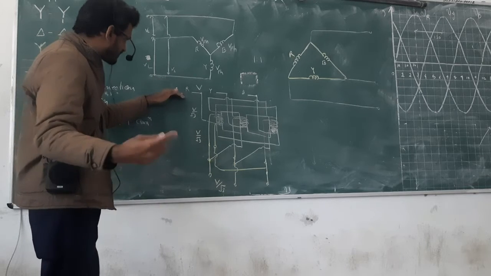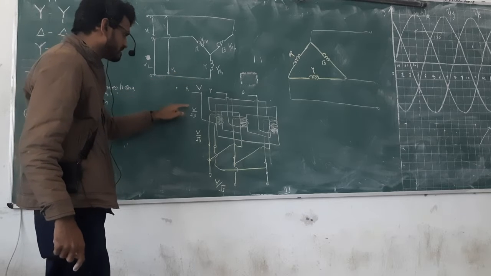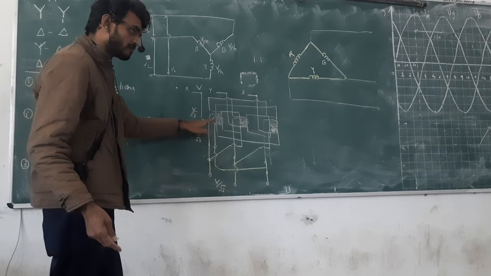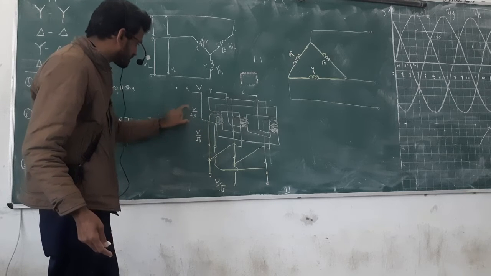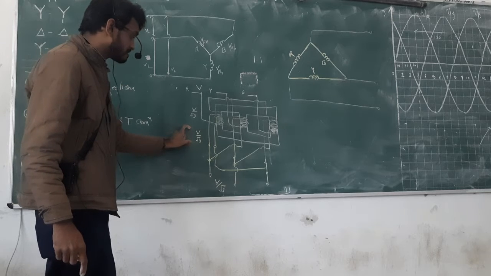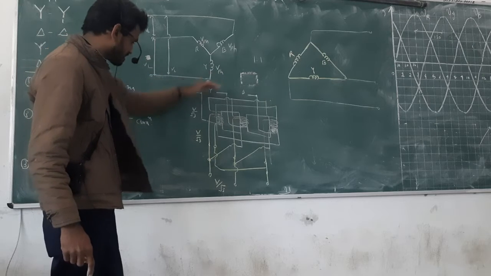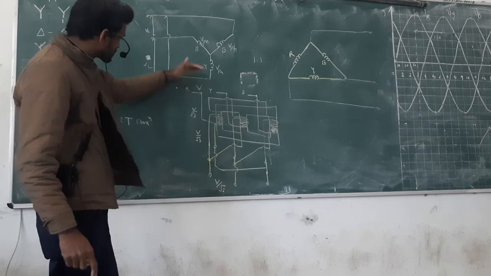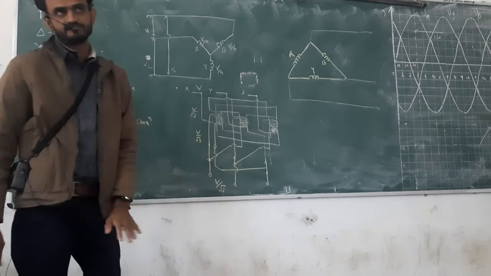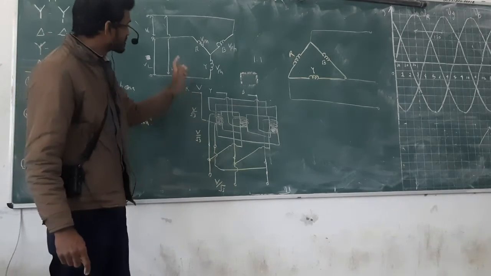The primary is connected in star fashion, so line voltage is V, phase voltage is V divided by root 3. Okay, inside the transformer, phase to phase action appears. So whatever the voltage here, it will generate here because of the 1-1 transformer, and it is connected in delta, so the same voltage will come out. So if you give input here and you collect output there, then supply voltage is V and output voltage is V divided by root 3. Clear? So it will reduce if it is star delta.